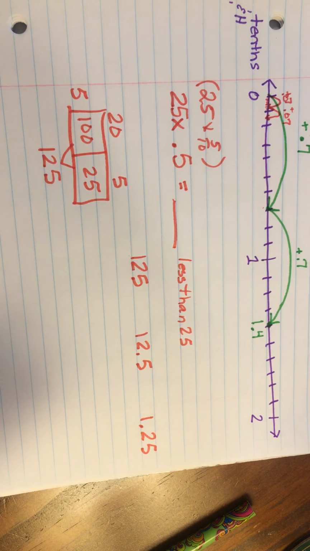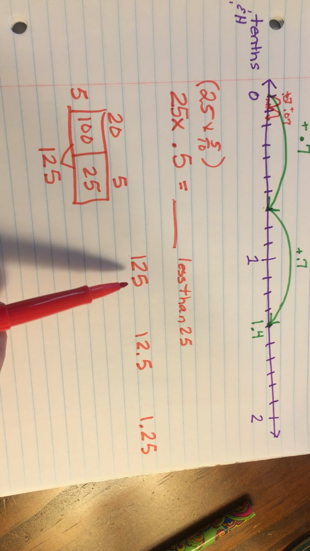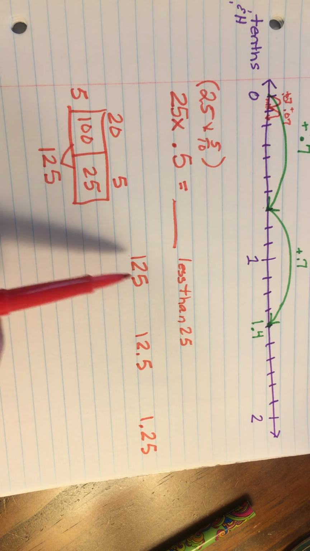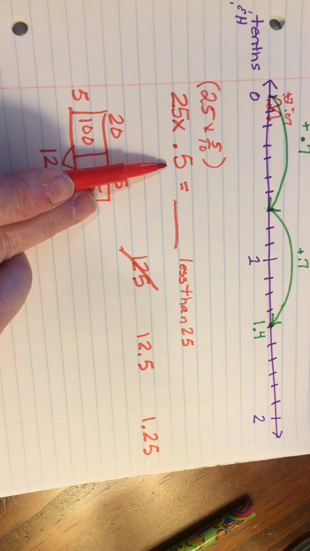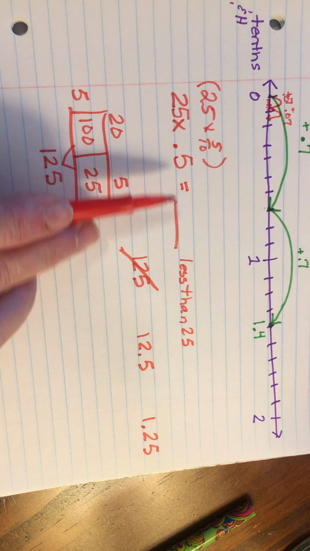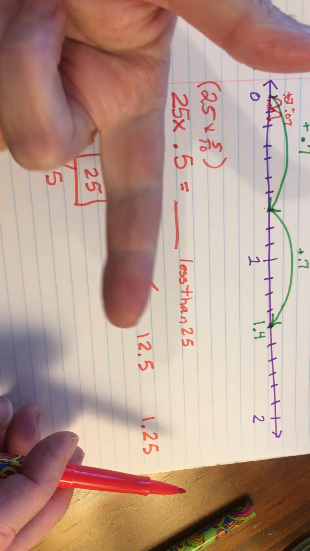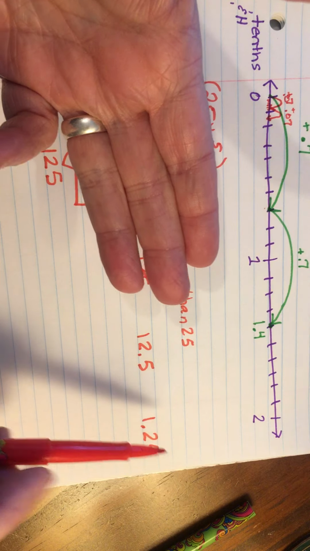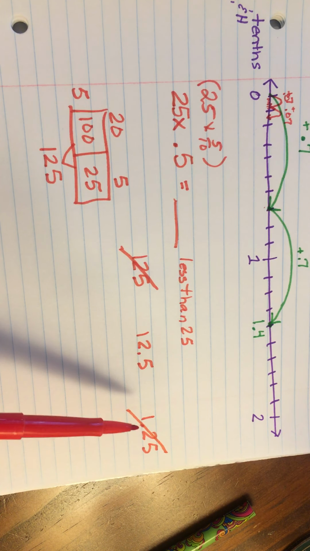If you've come back now, here's how I'm going to reason through this. I don't think it's 125 because that's what we figured out if that 5 was a whole number, so that is way too big. 25 times half, if I started counting by halves, 5/10, 10/10, 15/10, 20/10, I know that I'm already past one whole, so 1 and 25/100 is way too small.